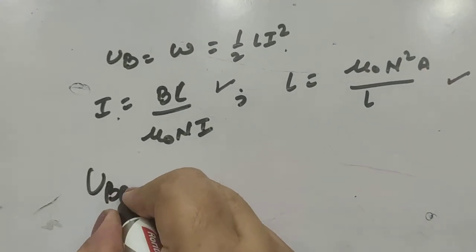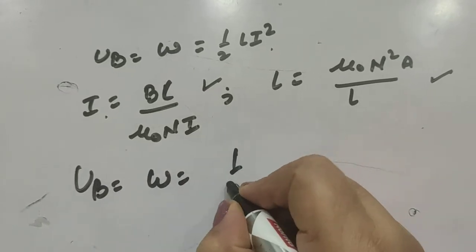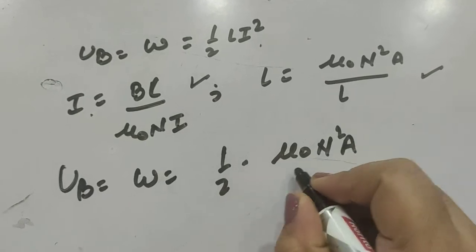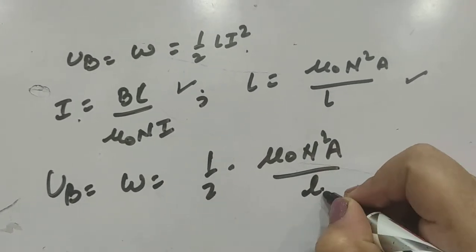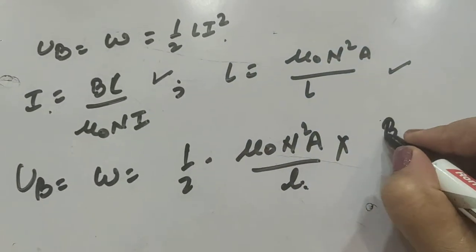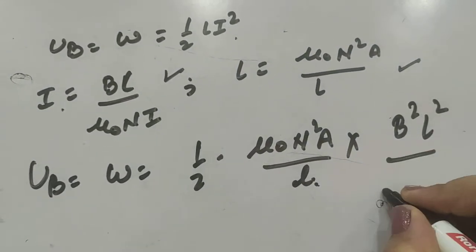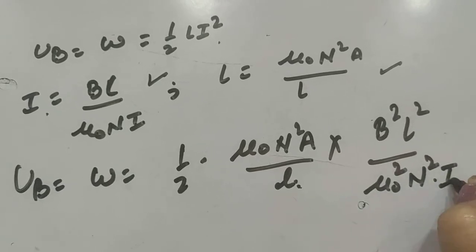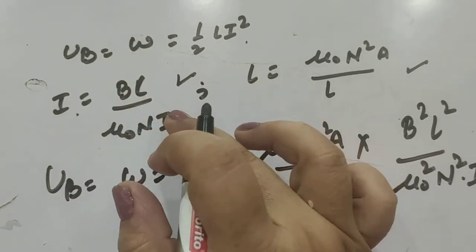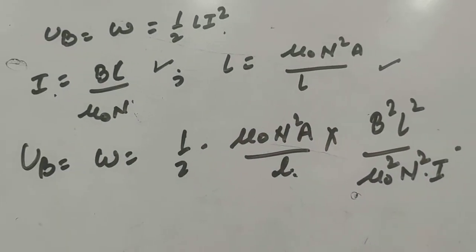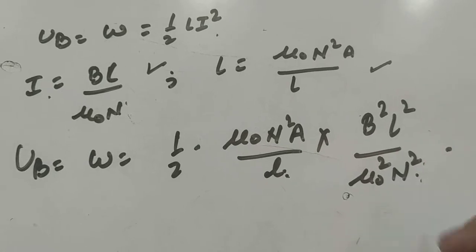So UB is equal to W is equal to 1 by 2, L is mu naught N square A by small l, which is the length of the inductor, and I square is B square l square upon mu naught square N square.